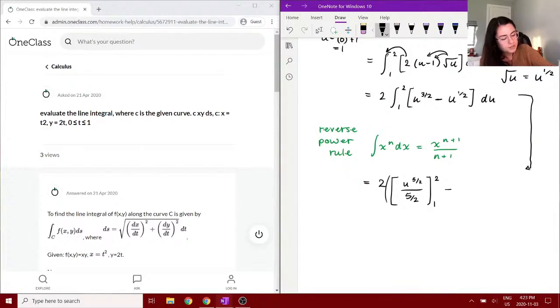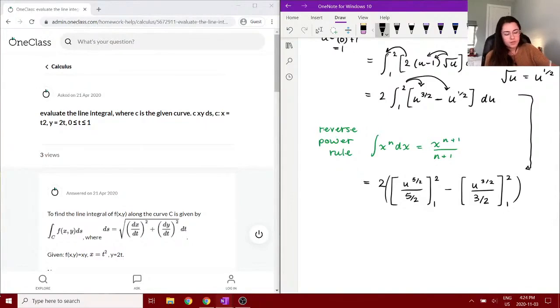What I'm basically doing here is taking the integral of each one separately and evaluating them separately rather than all at once, just because it seems a little bit more clear to me. And then for the next one, we have u to the 3 over 2 divided by 3 over 2 evaluated from 1 to 2. Okay?